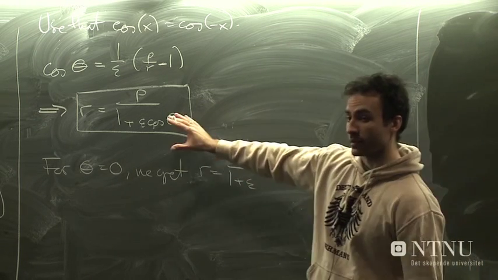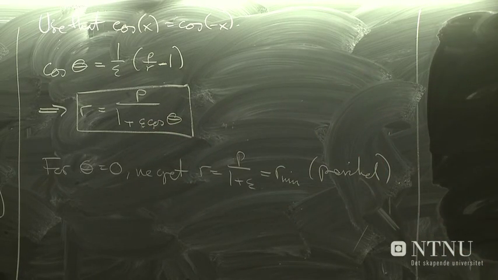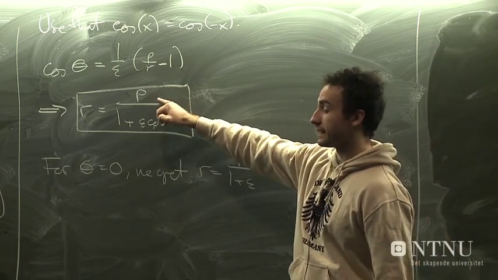So by using this rather compact expression for the trajectory of the particle, we can now classify various types of orbits depending on these parameters, p and epsilon.